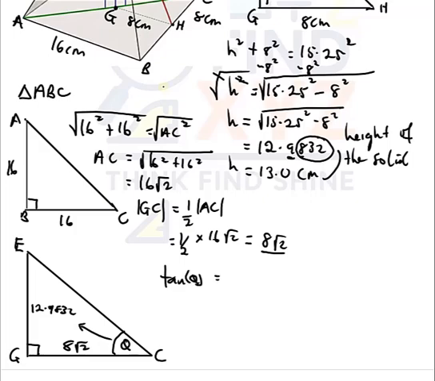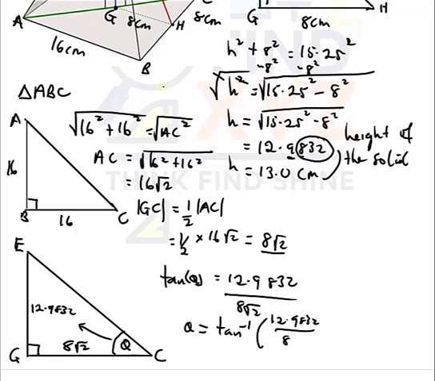What is opposite to the angle, which is 12.9832, over the adjacent side, which is 8 root 2. Then we are looking for theta, so we take tan inverse of both sides. So we have theta equal to tan inverse of 12.9832 over 8 root 2. This will give us 48.9309.